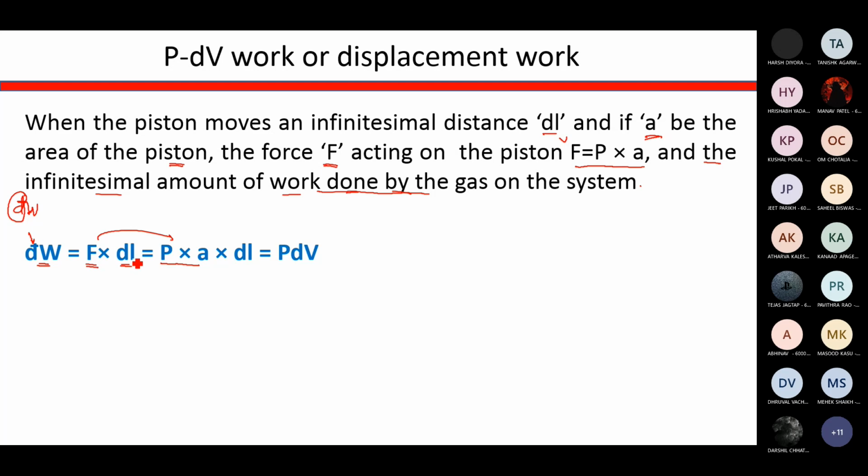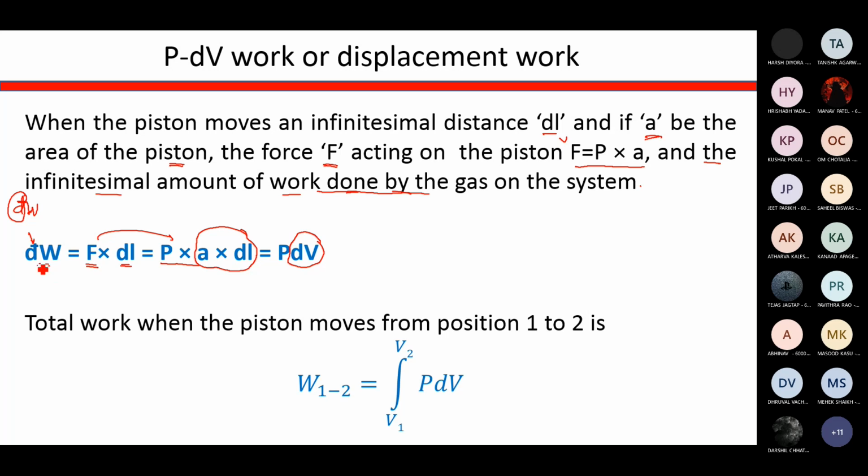We already know this is P into A into dl, and now I am combining two terms. The area A into the distance dl moved gives us the incremental volume, which is dV. So you understood what dV is from that diagram? In short, we calculated the incremental work. This d bar w is given as P dV, right?